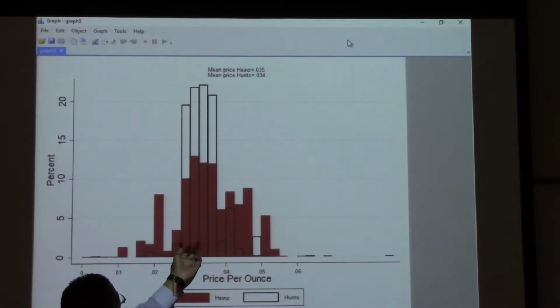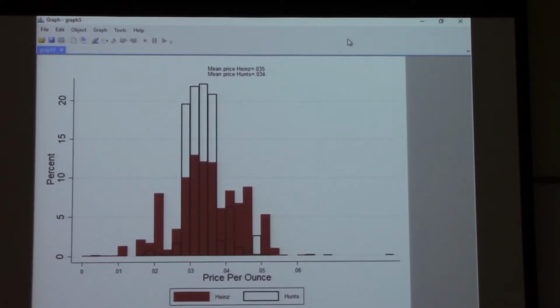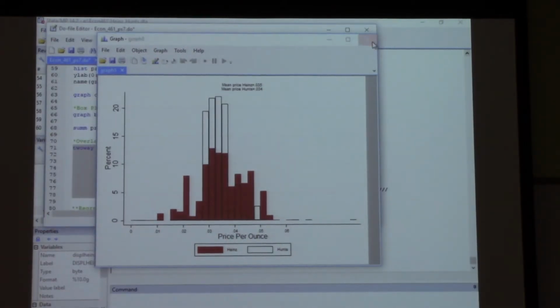And Hunt's is more highly distributed at those middle prices, where Heinz's frequencies, at least in terms of percentage of prices in those price categories, are a lot less. I like overlapping these. It's kind of nice.